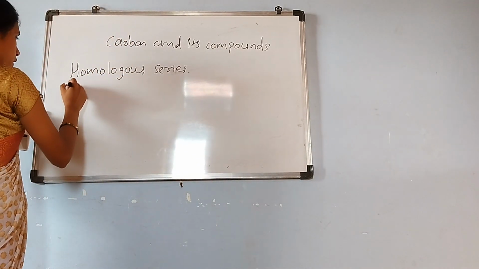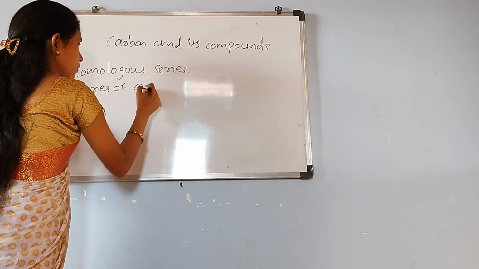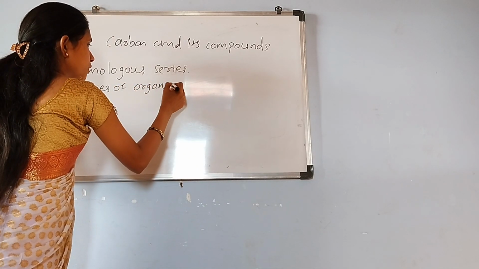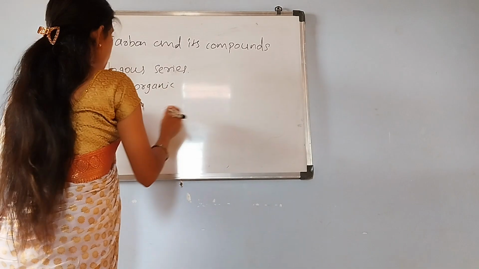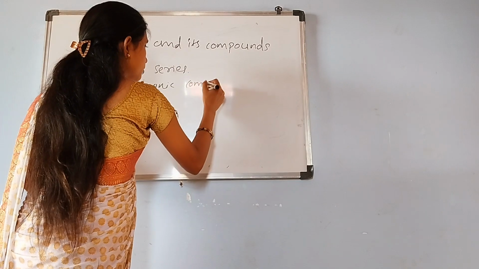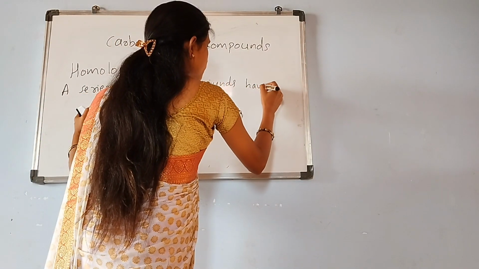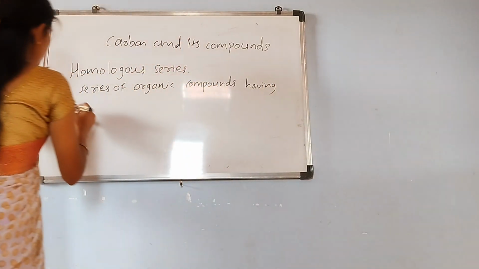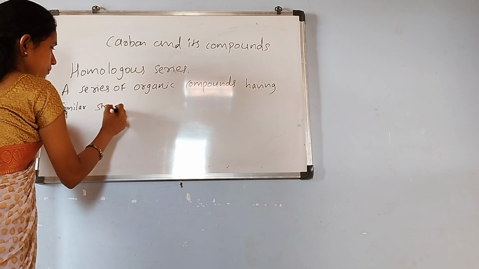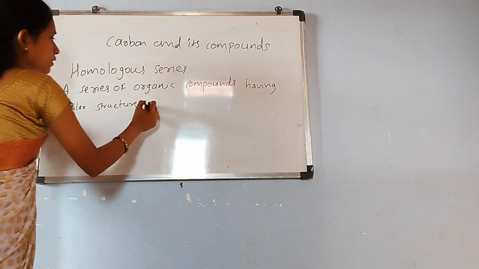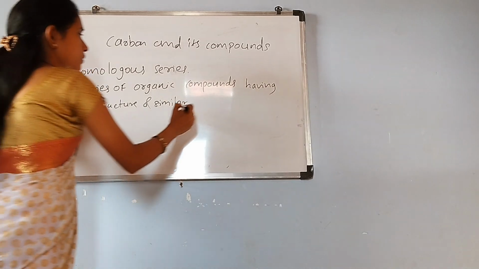A series of organic compounds. Organic compounds means the compound contains carbon, and we call it organic.